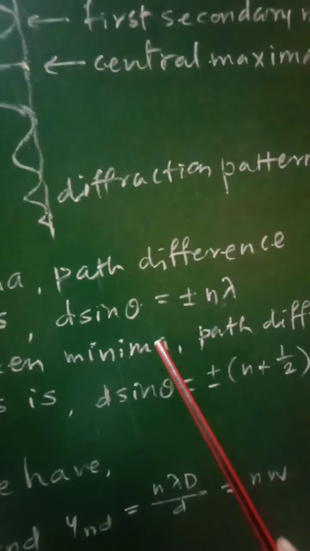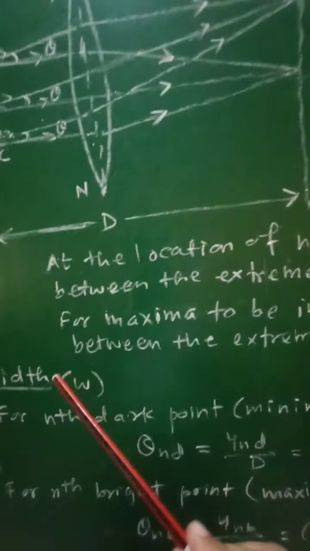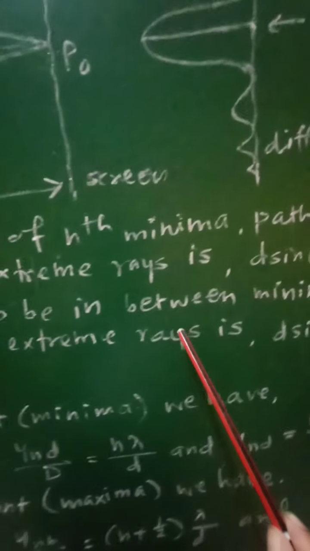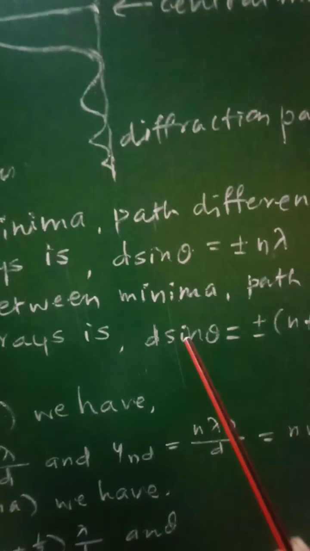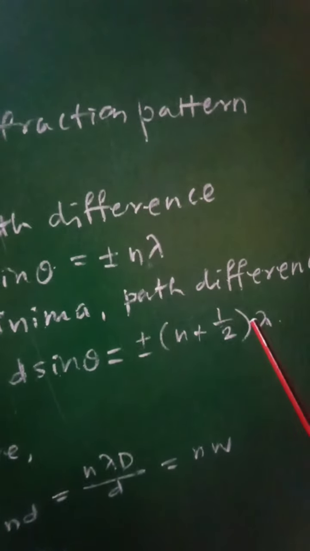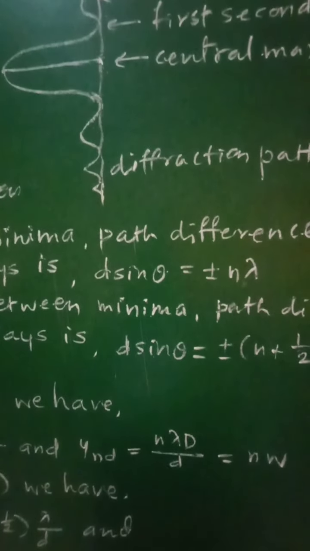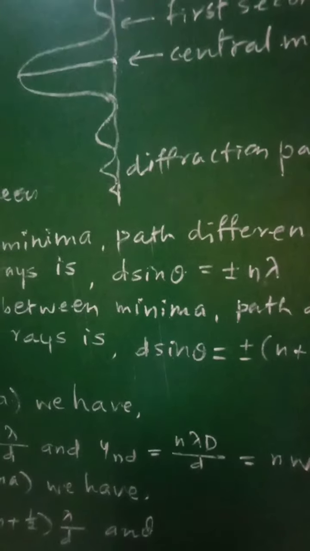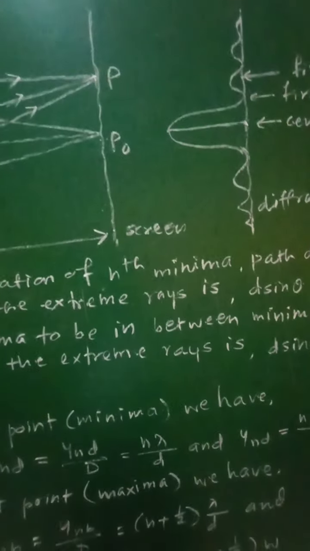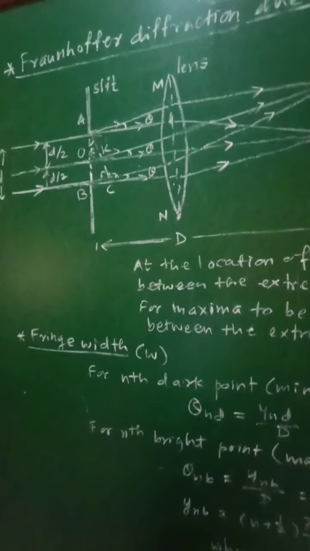For that maxima, that is a bright point, the path difference between the extreme rays is given as d sin theta equal to plus or minus (n plus half) lambda. So these are the conditions for the minima and maxima in the diffraction pattern due to Fraunhofer diffraction at a single slit.